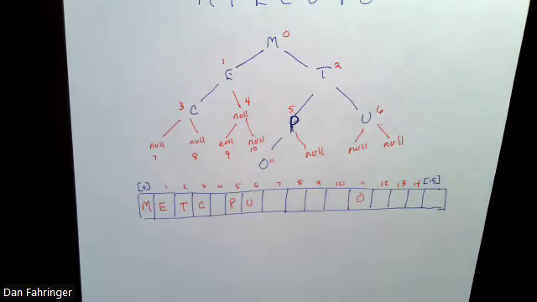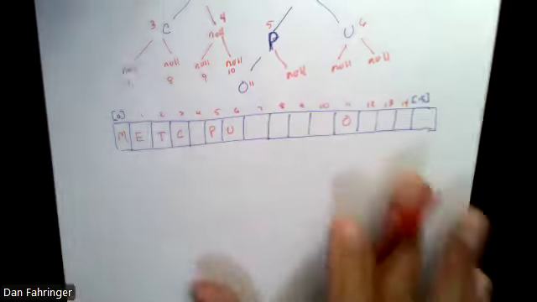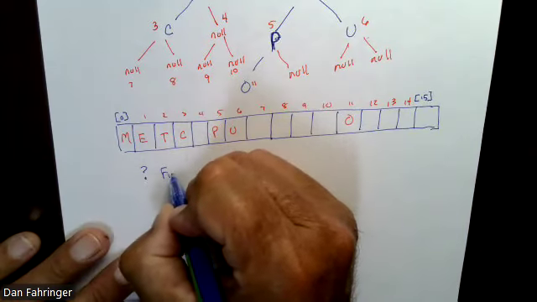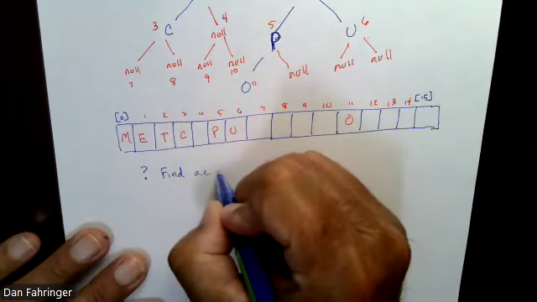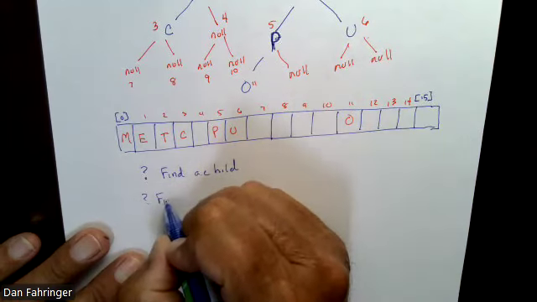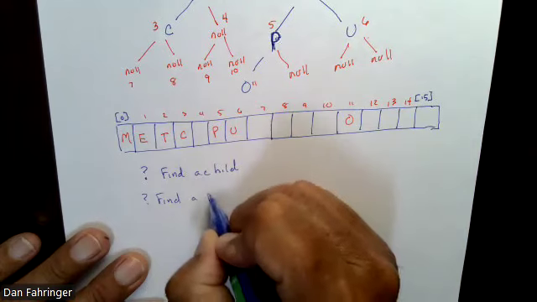So now the question is, what do we do with this now that it's stored in an array? How can I work with it? How can I find a child? How can I find a parent?